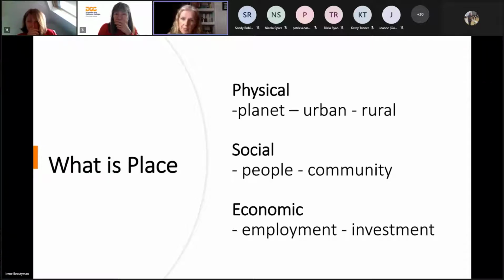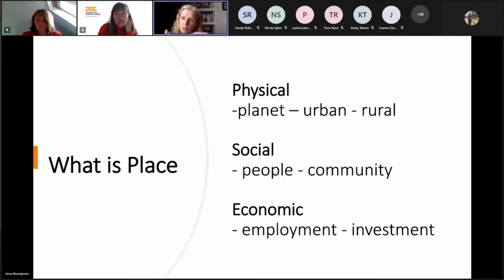They'll always have that physical bit, the planet, the town, the pavement, the field. They'll always have the people, the different cultures, the different groups of people, those protected characteristics of people, and those suffering and not suffering from inequalities.